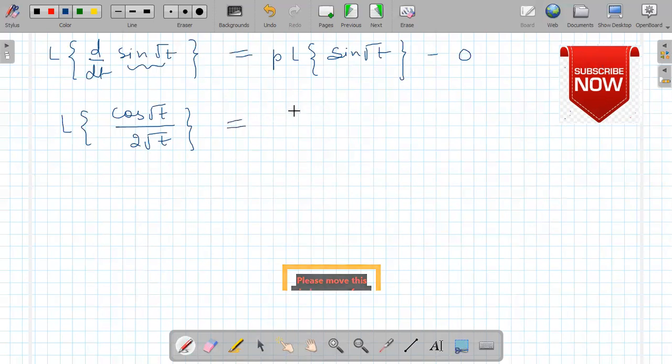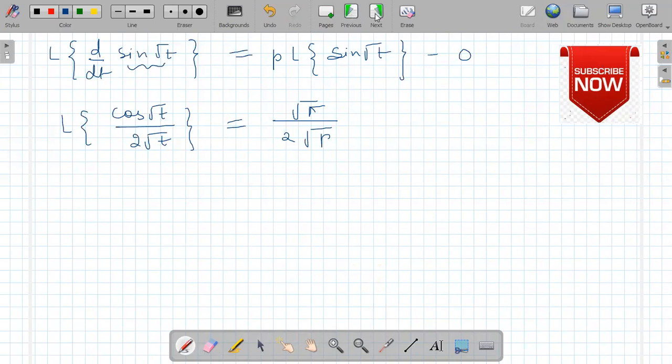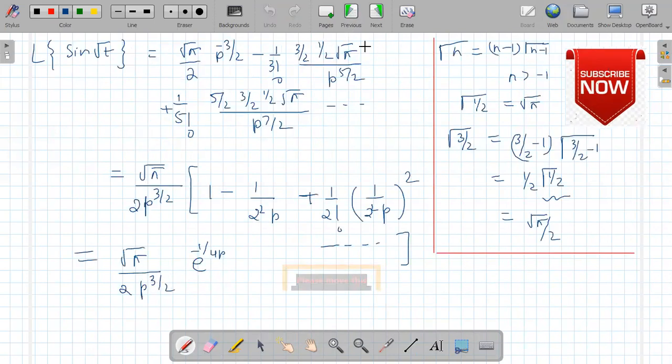It is equal to square root of pi divided by 2 square root of p. Okay, square root of p, because this p will cancel the power of p, which is 3 by 2. This power ये cancel हो जाएगी.